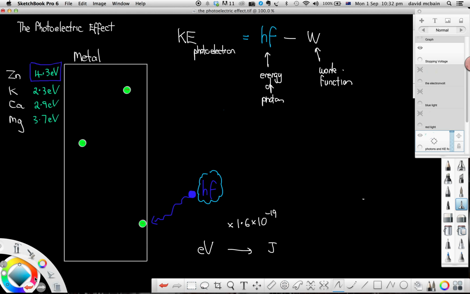So if we're going joules to electron volts, we're going to divide by 1.6 times 10 to the negative 19. And so it's a pretty simple matter to go from one to the other. Remember, they are both units of energy.